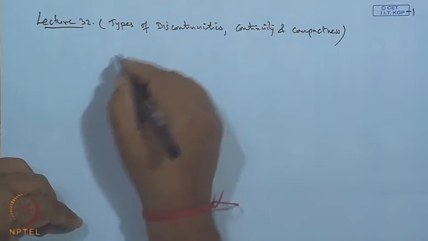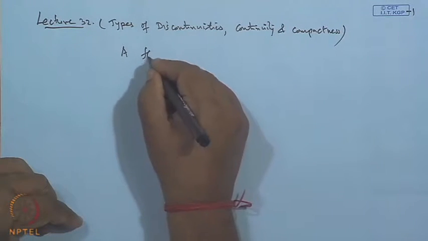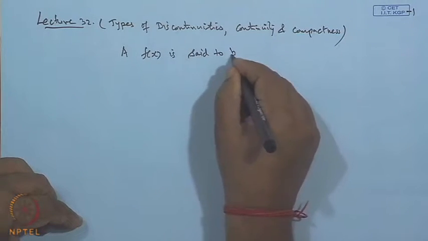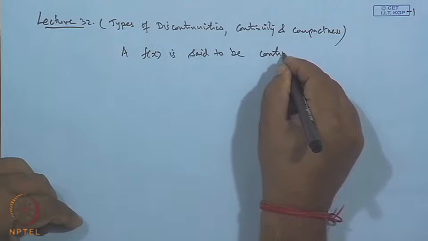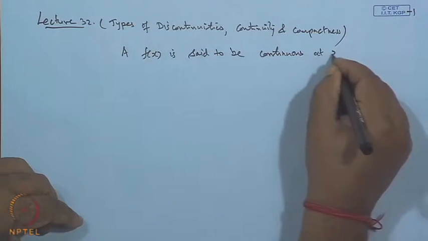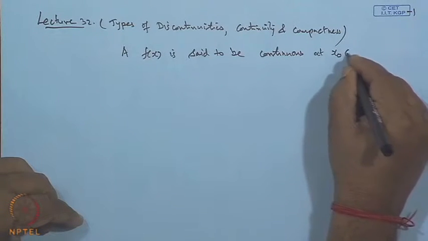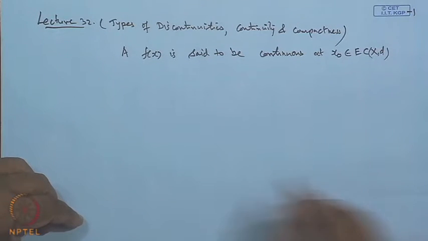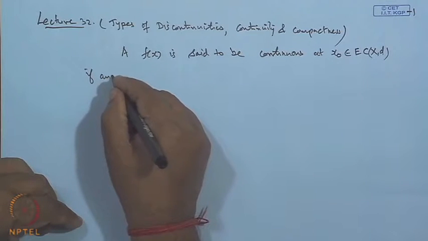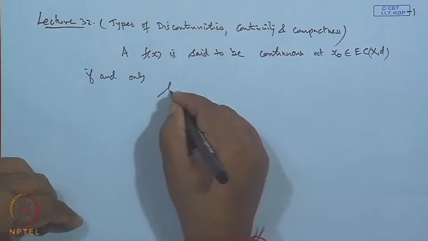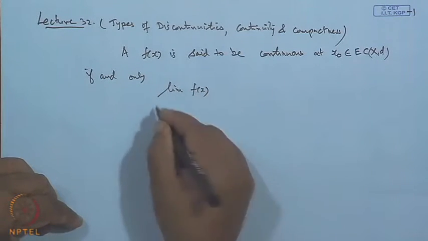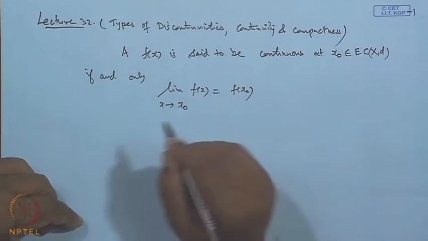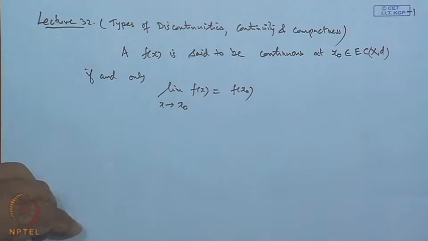First, we know a function f(x) is said to be continuous at a point x naught belonging to the domain, say E, which is a subset of say (X, d), if and only if the limit of this function f(x) when x approaches x naught exists and is equal to the value of the function at the point x naught.